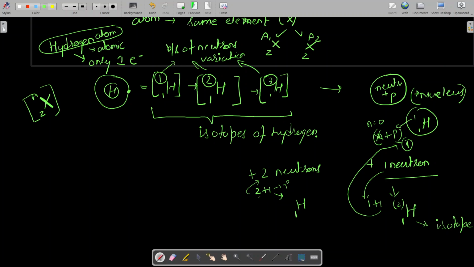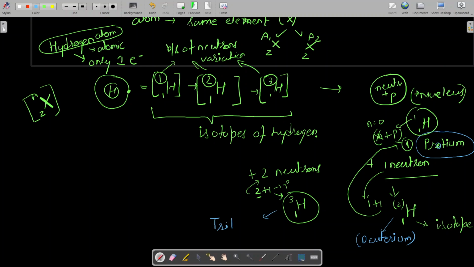Only the neutron moiety is going to change again and again. Now it becomes 3 in nature. Okay, so this one is your protium. I am using a different color pen now, so it will be easier for you to understand. This one is protium. This one is O. And that particular one is known as deuterium. And this one is your tritium.